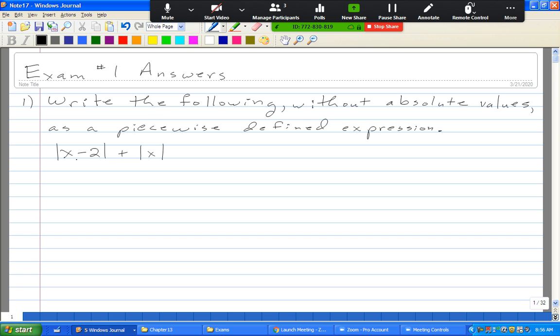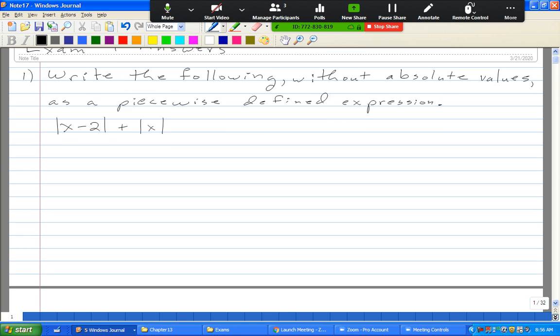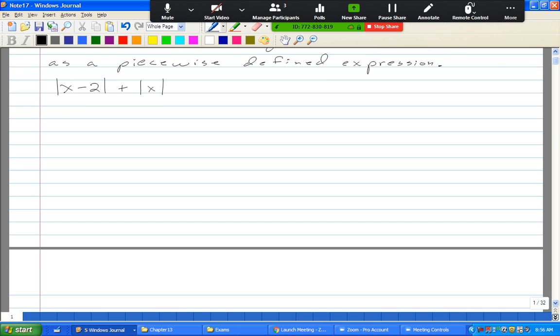Absolute value of x minus 2 plus absolute value of x. So first off, let me determine the critical numbers. To determine the critical numbers, I'll set each of x minus 2 and x equal to 0 and solve for x.